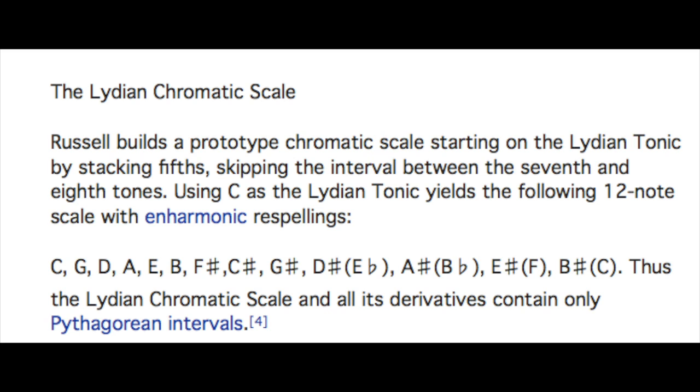Using C as the Lydian tonic yields the following 12-note scale with enharmonic respellings: C, G, D, A, E, B, F sharp, C sharp, G sharp, D sharp, A sharp, E sharp, B sharp. Thus, the Lydian Chromatic Scale and all its derivatives contain only Pythagorean intervals.